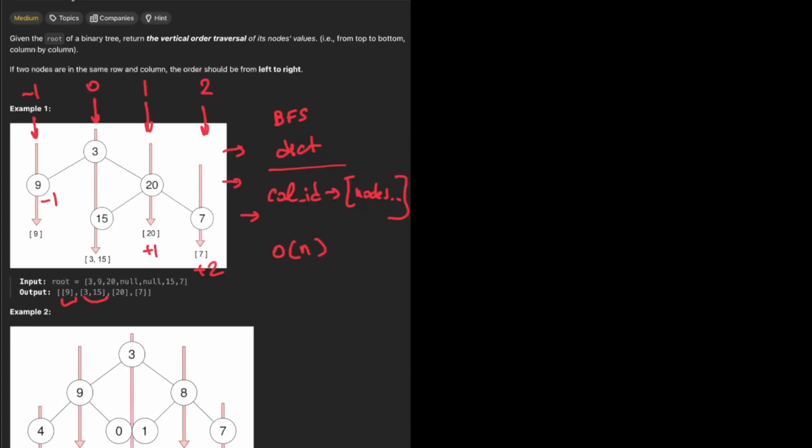For the space complexity, we need a queue for the BFS iteration, which is O(n) space, and we also need the grouping dictionary, which again introduces O(n) space complexity. So overall, we have an O(n) time and O(n) space solution. All right, so the solution now makes sense, and we can move to the coding part.